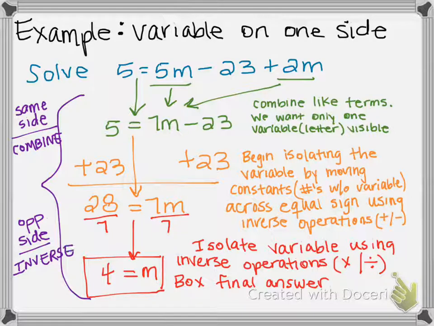But if 2 things are on opposite sides of that equal sign, or I need to move something over, then you're going to do the inverse. So again, if they're on the same side, like that 5m and 2m, you combine them. If you're trying to move it to the opposite side of the equal sign, like moving the 23 over or getting rid of the 7, you do the opposite operation.